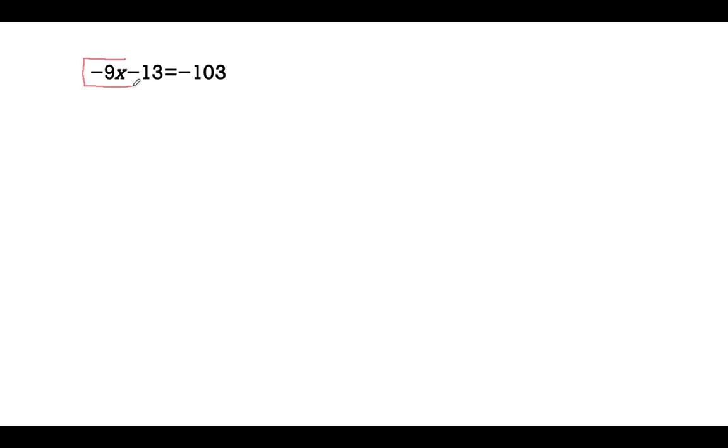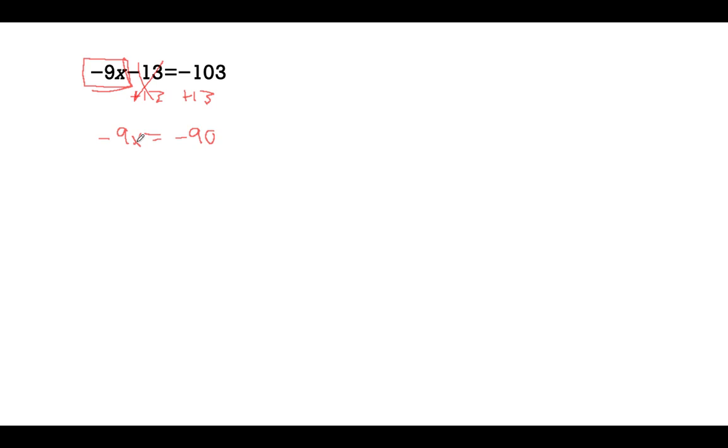Again, you want to get the variable term by itself. You have a negative 9 attached to the x, but you want to get rid of the other terms without variables first. So we got to do the opposite of minus 13. So you got to add 13 to both sides. These cancel out. So you got negative 9x equals, you got negative 103 plus 13, and that gets you negative 90.